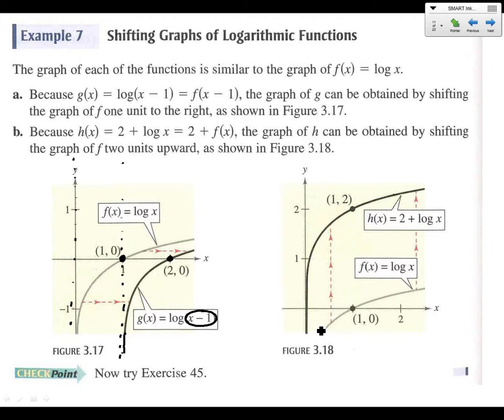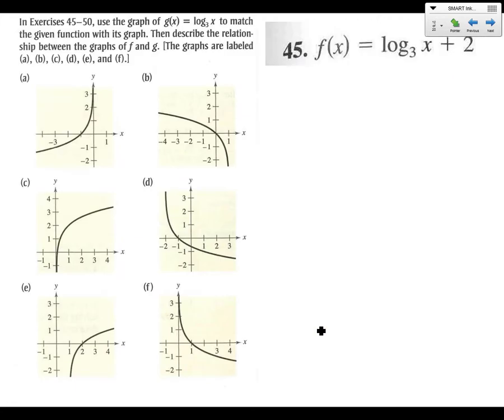So this graph will come down and will never cross x equals 1. So we've just moved over. It follows the exact same rules of everything we've done before. If we look at the second example, the 2 here means we're going to shift everything up by 2.